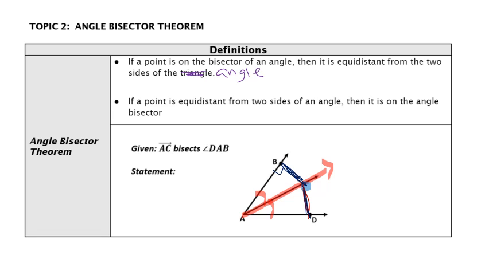And we measure that distance with a perpendicular segment, right? So it's not slanted or anything like that. That means the segments I drew here, BC, would have to be the same measurement as DC. So the distance from the two sides is the same, so those two segments will be the same length.